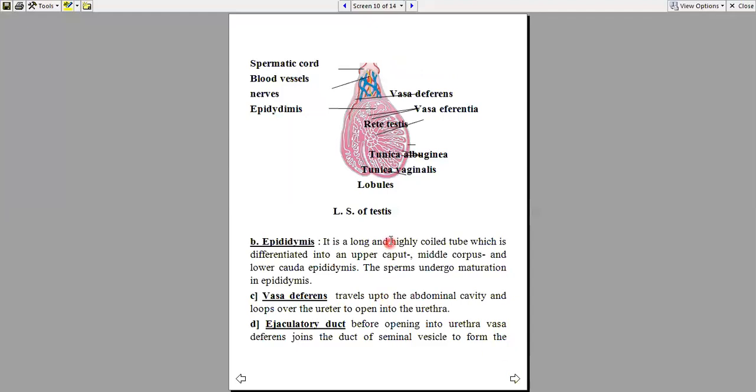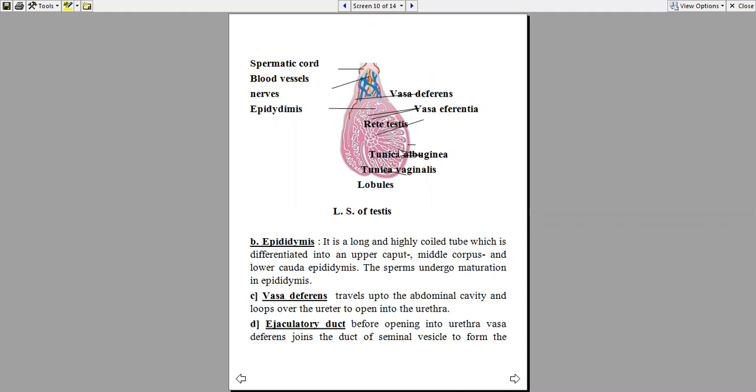You can see here the L.S. of testis, that is the longitudinal section of testis. In this, the parts are clear. You can see vasa deferens, vasa efferentia, rete testis. What I mean to say is, all these you can see here are lobules, and these tubules are seminiferous tubules.